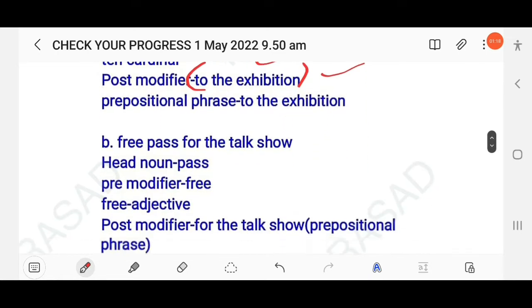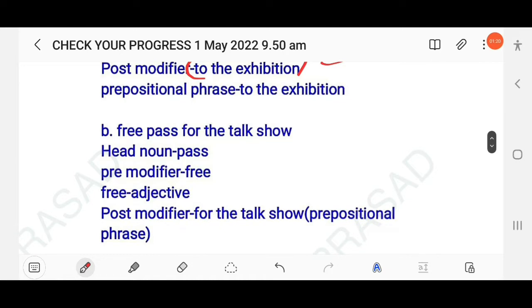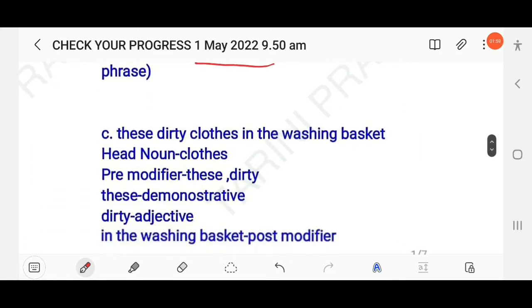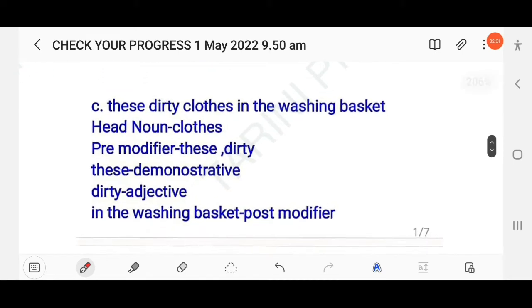Next, free pass for the talk show. The head noun is pass, the pre-modifier is free, and you also have to label the pre-modifier. Free is an adjective, and the post modifier for the talk show is a prepositional phrase. Then next, these dirty clothes in the washing basket.